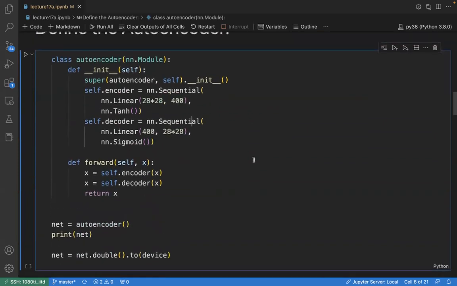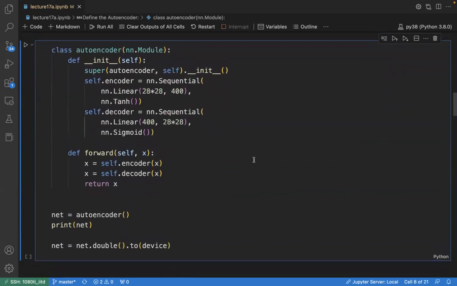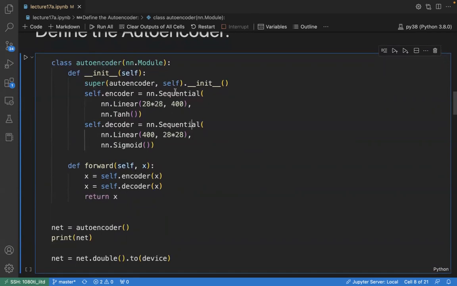autoencoder. So as we discussed last time, to define any autoencoder, so to define any neural network, we need to define a class of the neural network, and it should inherit from this nn.Module. So this nn.Module is a class for neural networks, and since we are inheriting this class, we will be getting all the functionality that it holds.